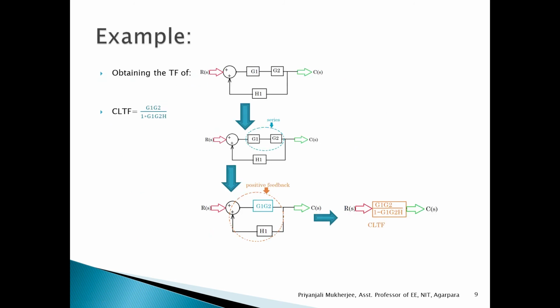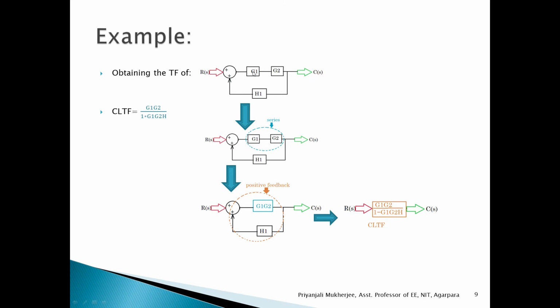Next, let us see some examples of block diagram reduction. We have to find the transfer function of the given block diagram. R(s) is connected to the summing point, two blocks are then connected, and one feedback is there, and the final output is C(s).